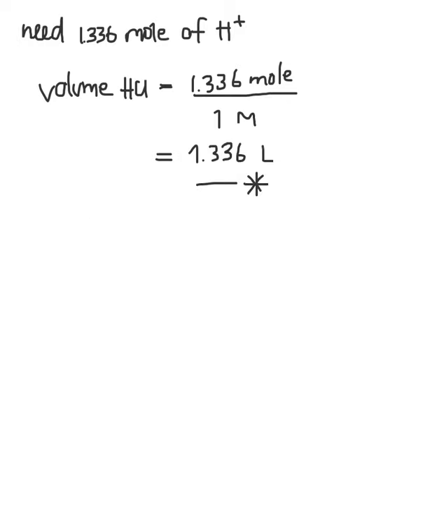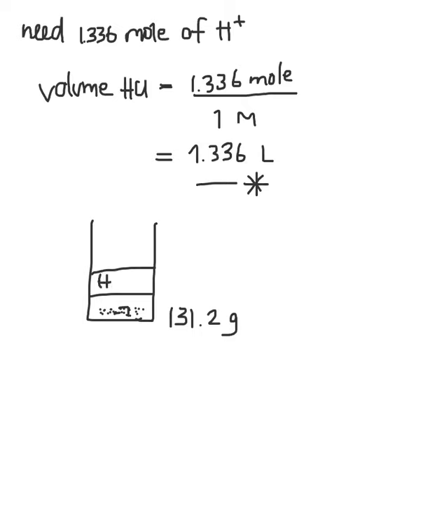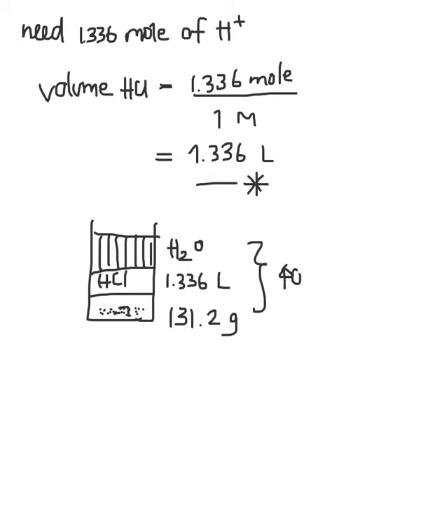Back to the beaker here, we first put the powder of sodium phosphate into the beaker, 131.2 grams. Then we add hydrochloric acid, 1.336 liters. And the last part is to top up with water until it reaches 40 liters.